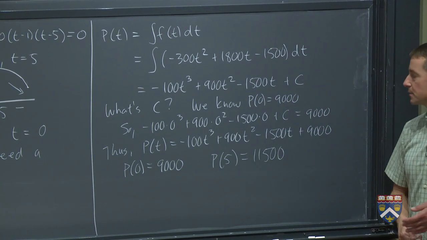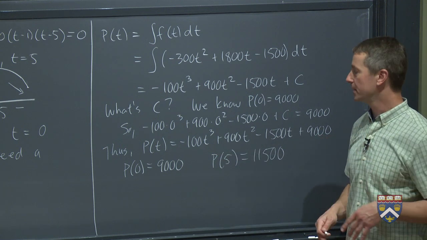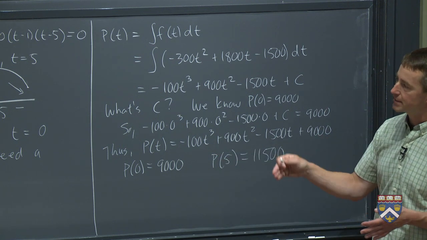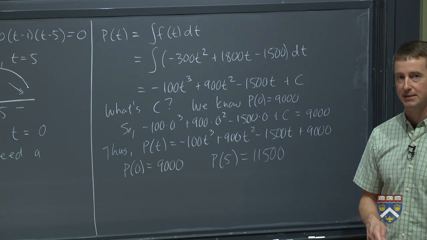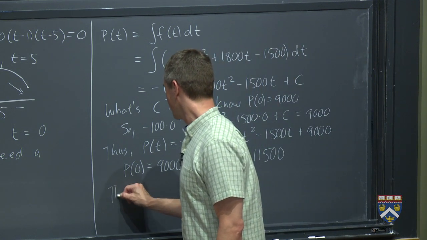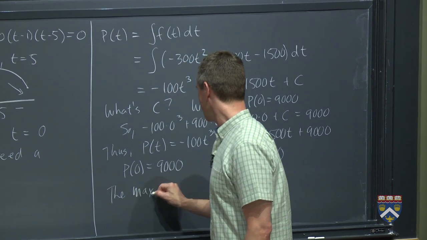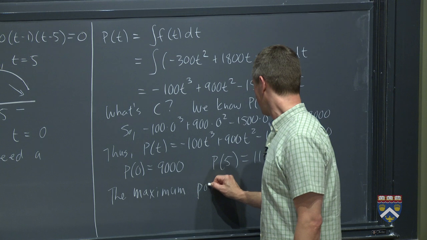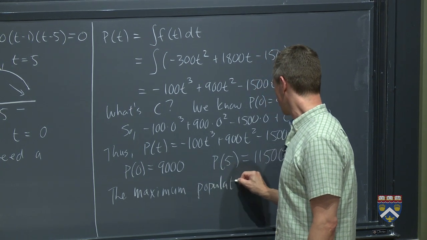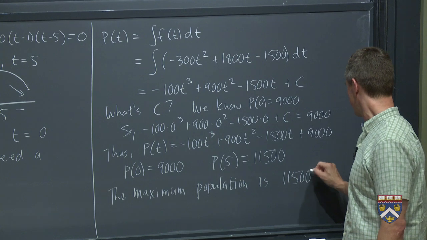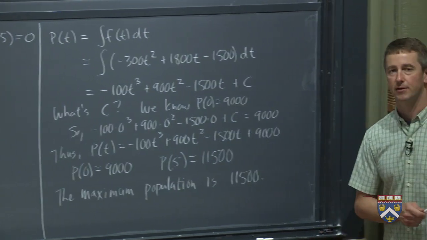So our two candidates were time 0 and time 5, and we figured out that time 5 was the bigger population of the two. And the question actually said, what is the maximum population? It didn't say at what time does it occur, so therefore our answer is that the maximum population is 11,500. That's the highest this population ever gets.